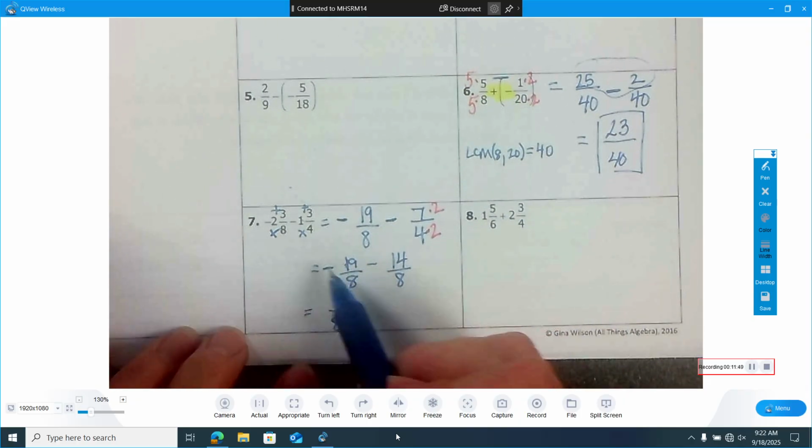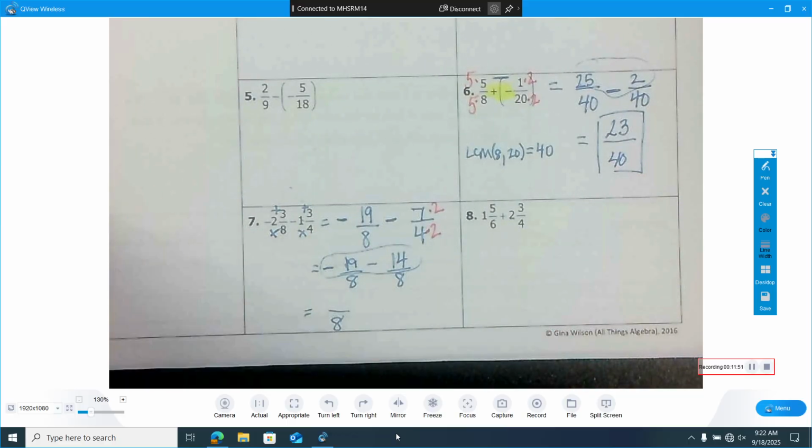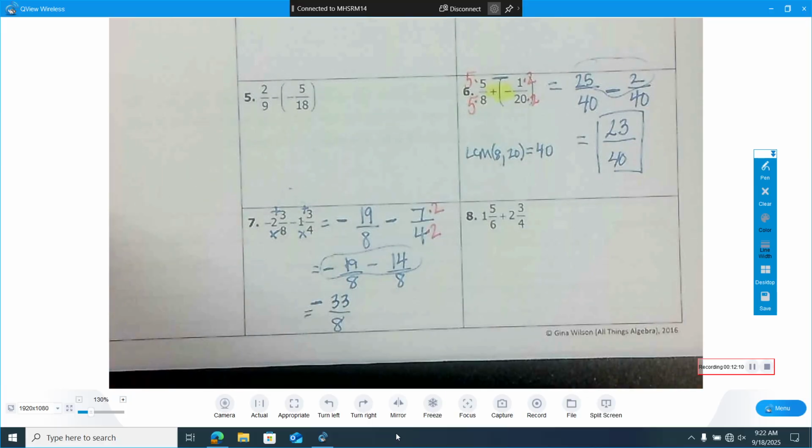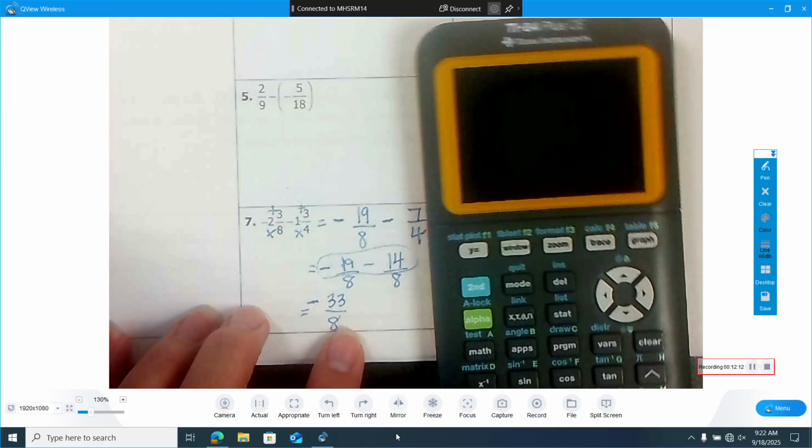Now, I'm worried about combining my numerators here. I'm starting at negative 19, and I have to move left another 14 spaces. Where do I land? Negative 33.